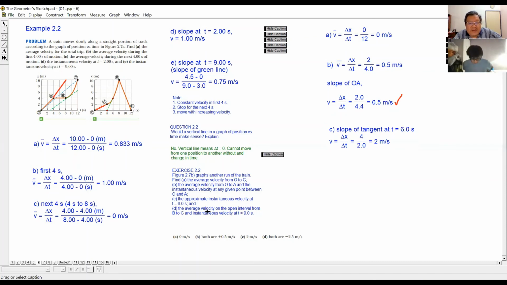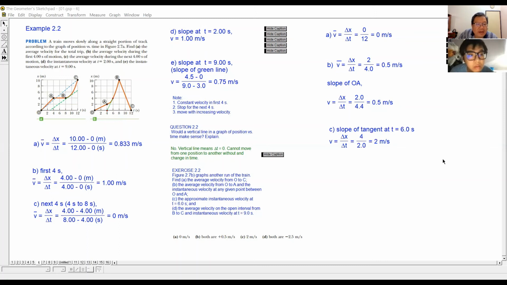Find the average velocity on the open interval from B to C. This time they don't start from A anymore. This time they start from B, then end up at C. So can you tell me what is the delta x over delta t from B to C? The time interval. B to C will be... What's the delta x? 10.